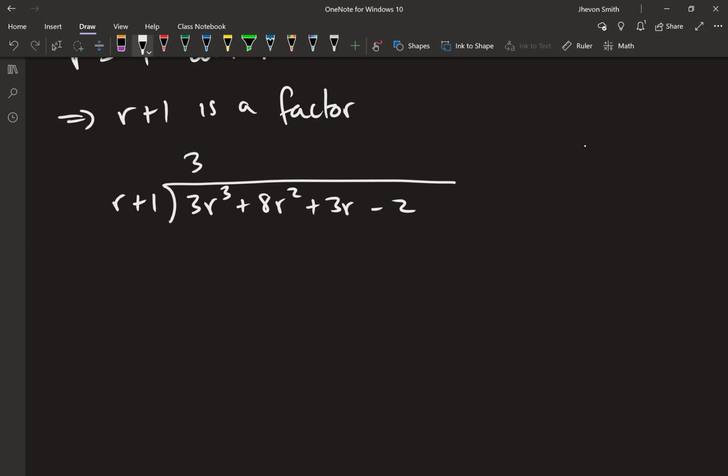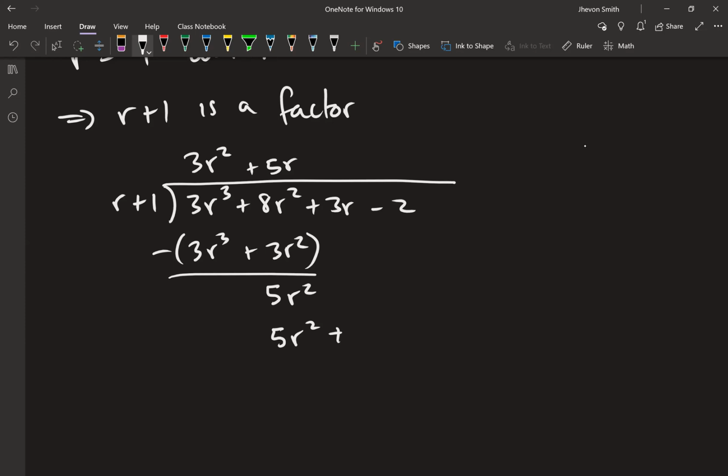Okay, r goes into 3r cubed, 3r squared times, you get 3r cubed plus 3r squared. Subtract this, you get 5r squared. R into that goes 5r. Multiply, you get 5r squared plus 5r. Move this guy down, subtract from the above line, get -2r. R into that goes -2. Get -2r minus 2.